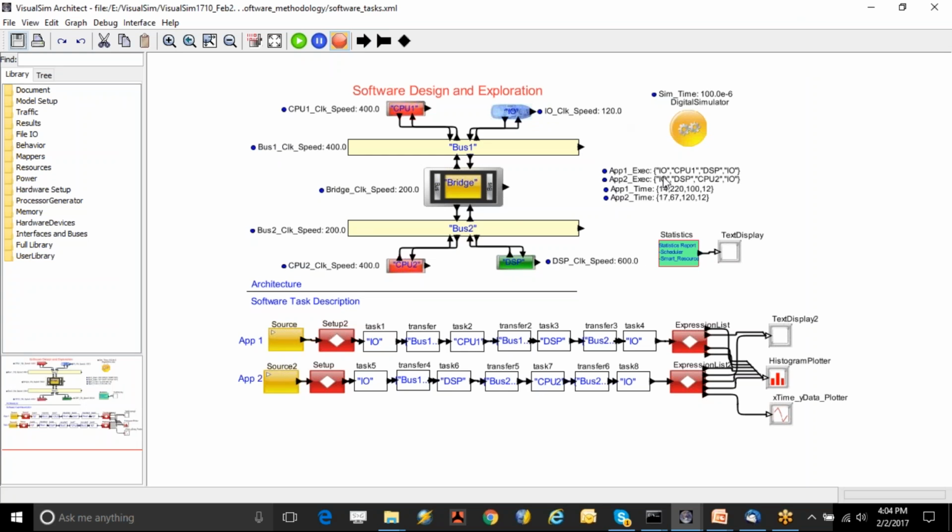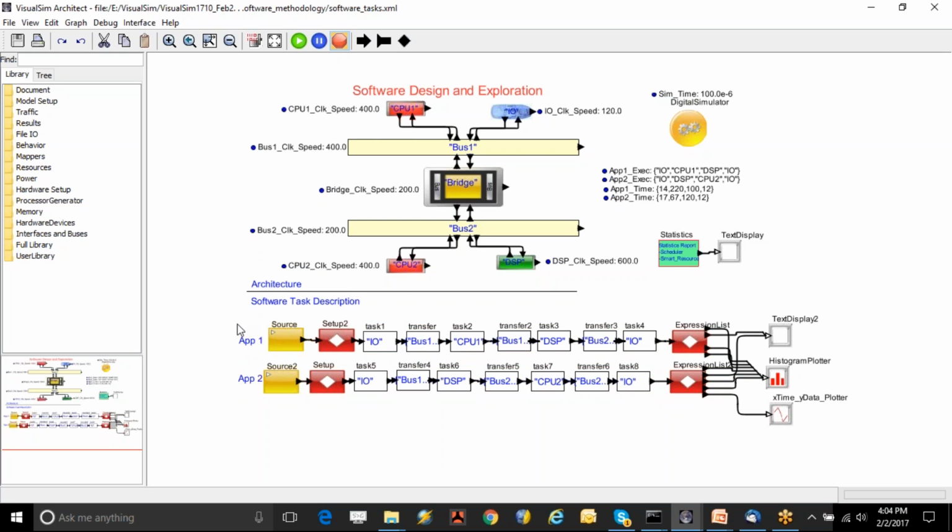So the model that you're looking at right now is a system with two CPUs and a DSP and an I/O. And I/O can be an Ethernet interface or it could be a USB. And at the bottom, I have defined my applications as a sequence of tasks that are going to run on the target platform. So here I have the processors running at 400 megahertz and bus 1 running at 400, bus 2 at 200 megahertz.